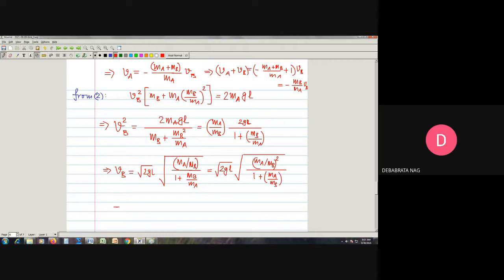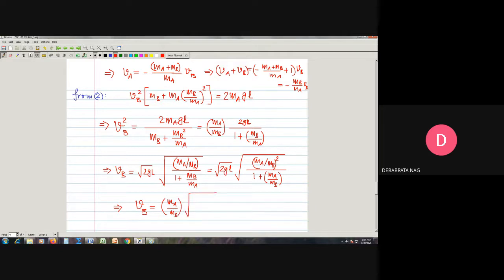So that the ratio becomes uniform for both the cases, we say that VB is being given by root over 2GL into, we can take the under root expressions common. So we can take this MA by MB whole square out from the root sign, and write this is going to be MA by MB.